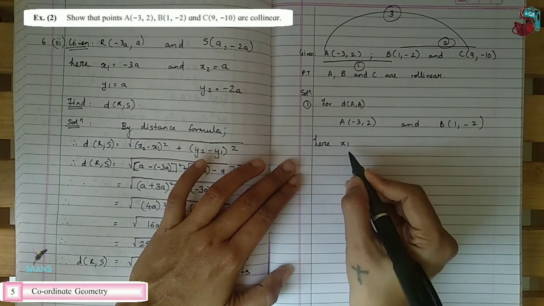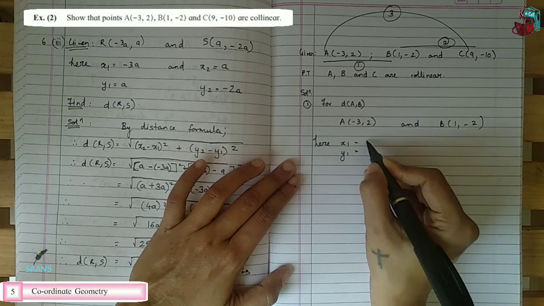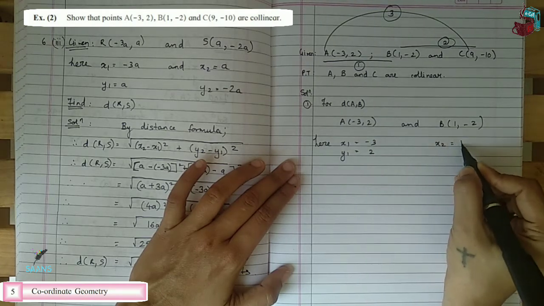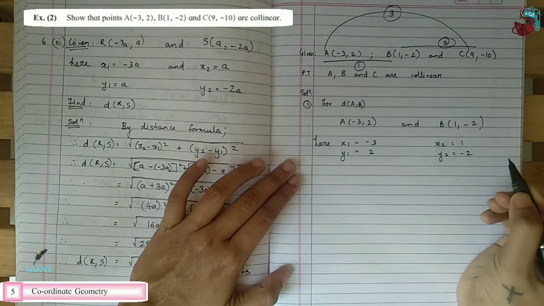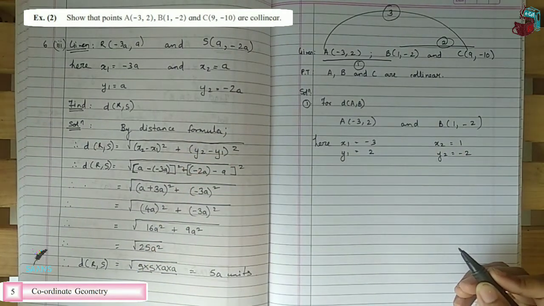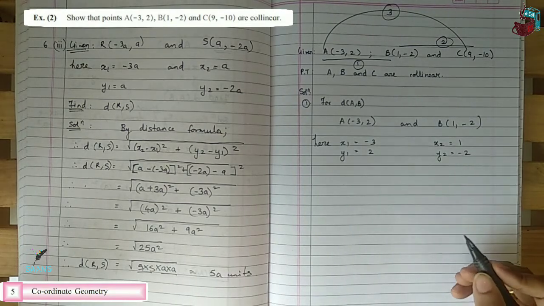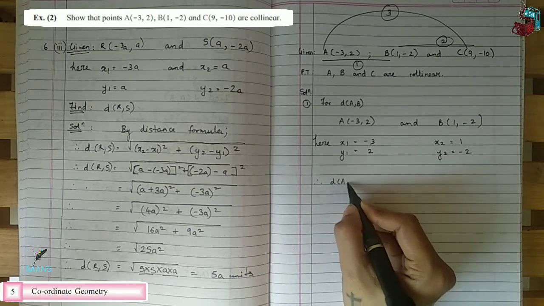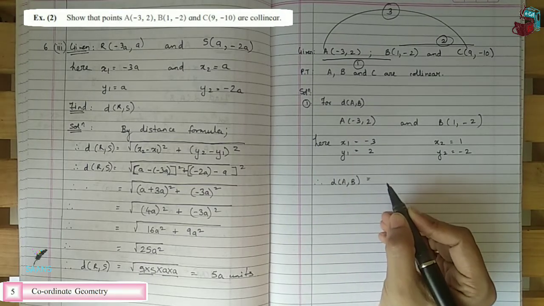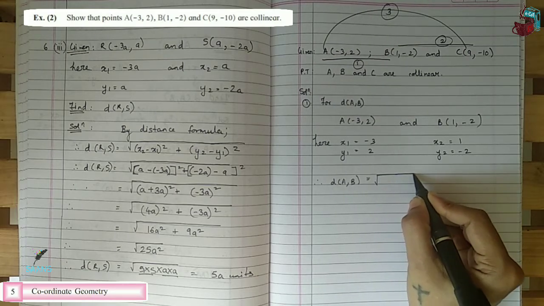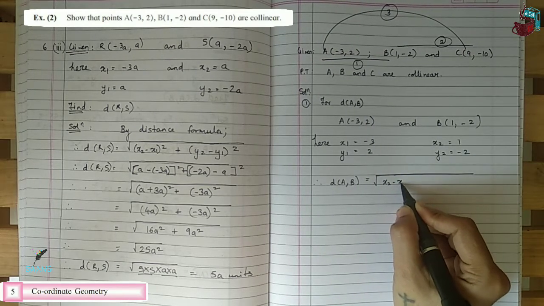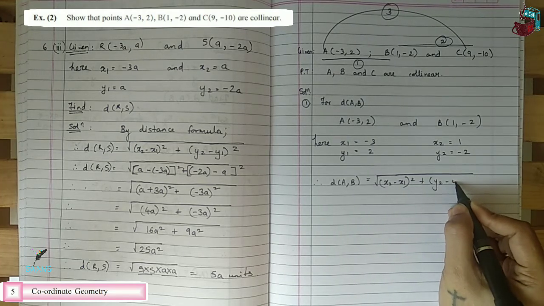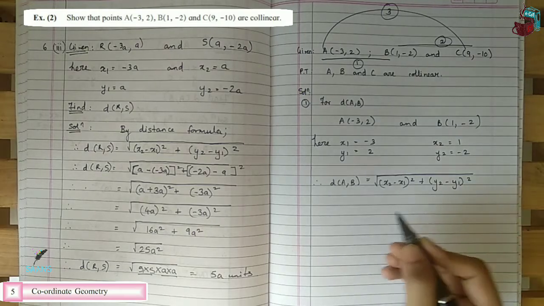Here x1 is minus 3, y1 is 2. x2 is 1, y2 is minus 2. Okay, so this is the distance. See, the distance formula is given on the left. We are going to use that only. Therefore distance A comma B is equal to under root x2 minus x1 the whole square plus y2 minus y1 the whole square.